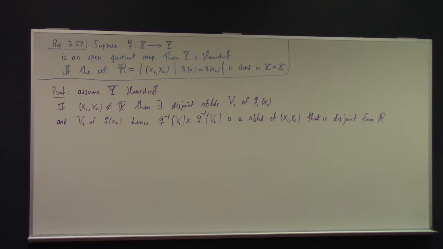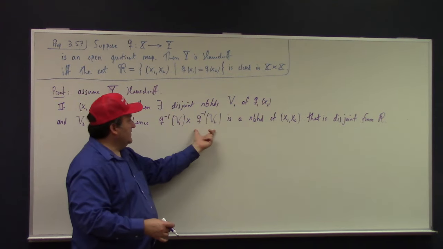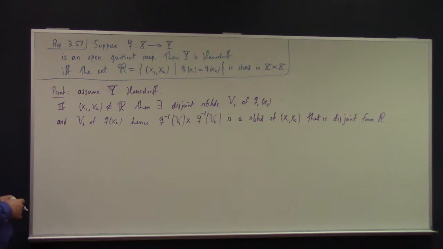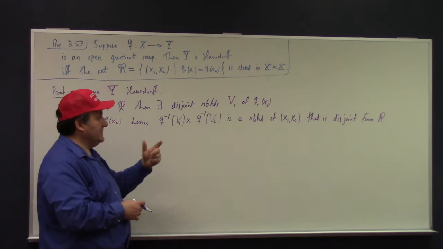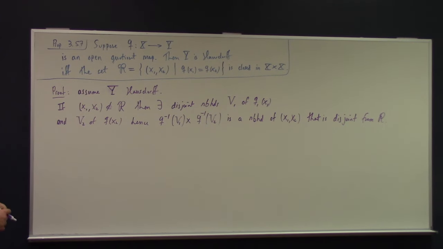Since Q is a quotient map, it's continuous, so we have an open set cross an open set. This is certainly a subset of X cross X, which is open, and it contains the point (x1, x2).